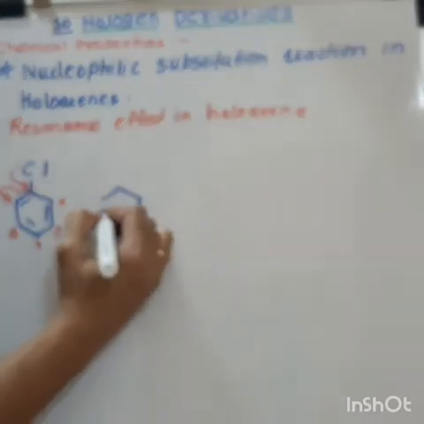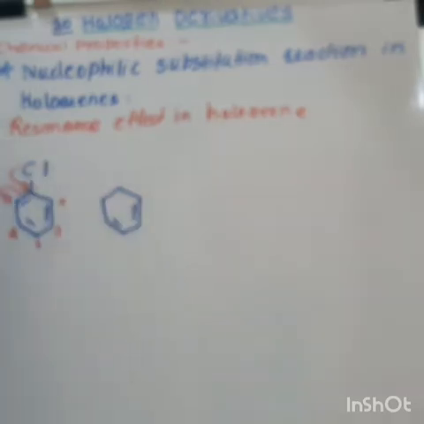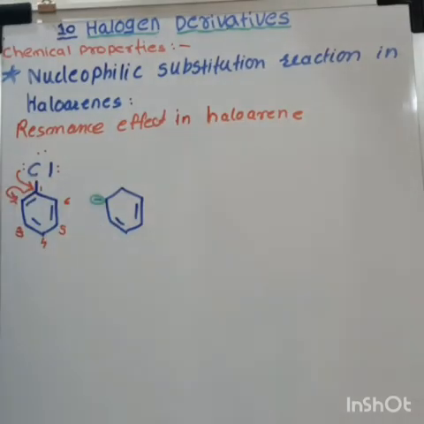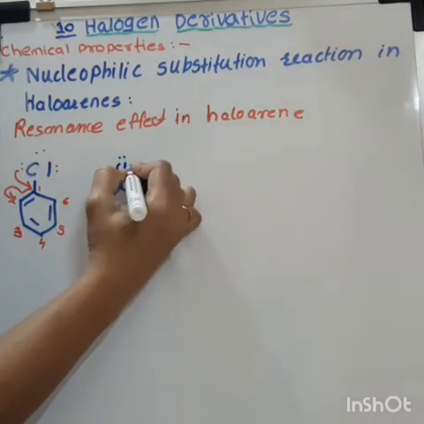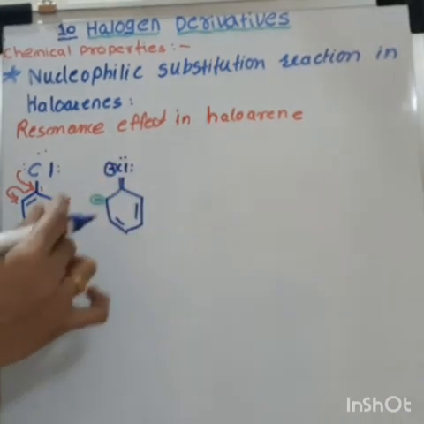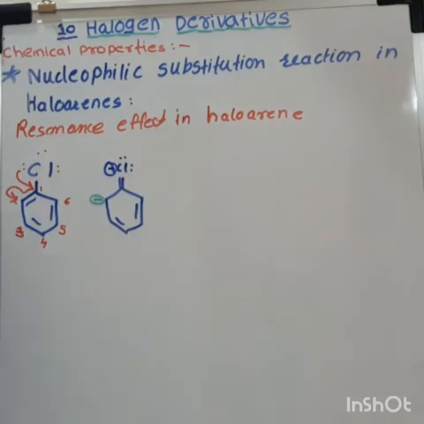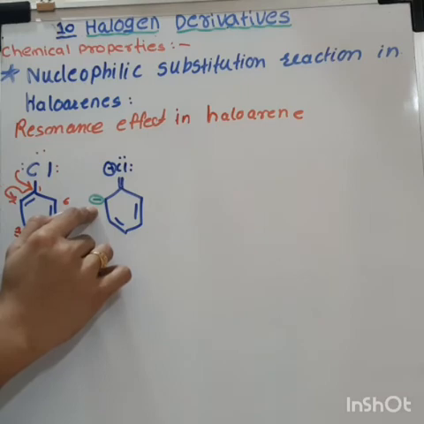So in the next resonating structure there is a negative charge on carbon atom number 2, a double bond between chlorine and carbon atom number 1, and a positive charge on the chlorine atom as it is shifting its electrons to carbon number 1.